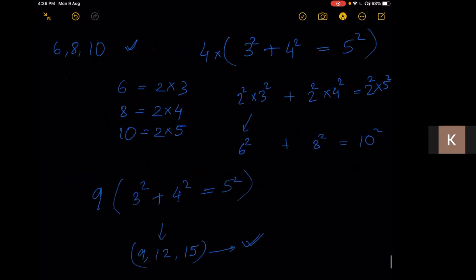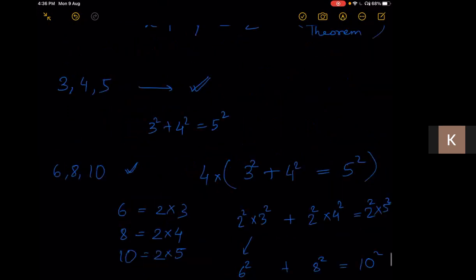For example, here you see 3, 4, 5. What is the HCF or GCD of 3, 4, 5? 1. Or 5, 12, 13 is also another Pythagorean triplet. Here also HCF is 1.